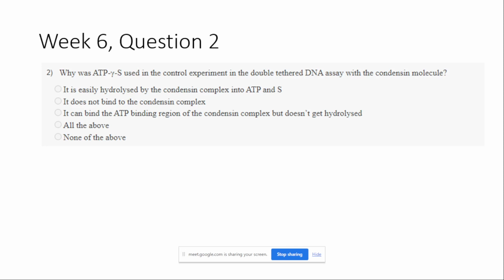Why? Why is the question. Why have they used this non-hydrolyzable ATP? Why not normal ATP? Any idea? If you have any idea, you can just tell me. Just try.